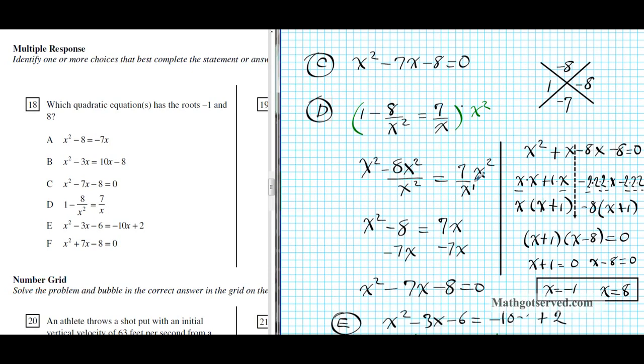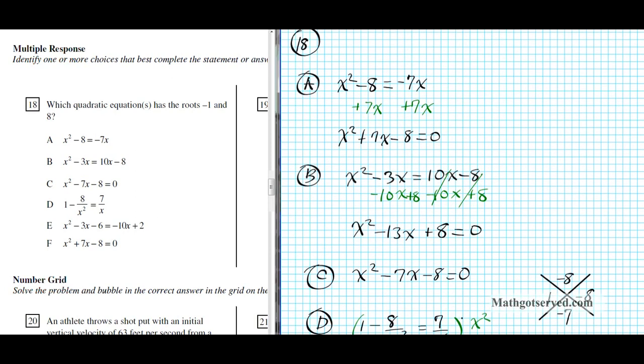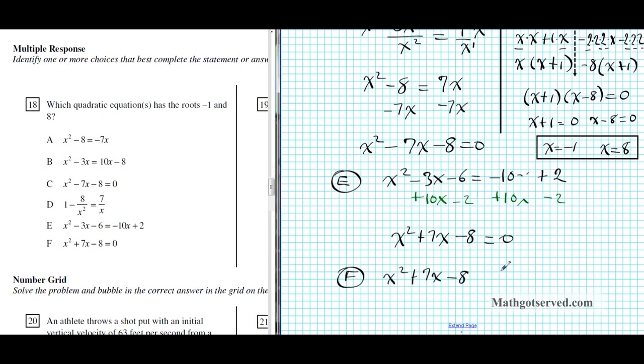Since C and D have the same equation in standard form, let's make sure that no other one matches. Let me check A and B to make sure. A doesn't match, B doesn't match, so it's just C and D. So we have two answers here, option C and D.